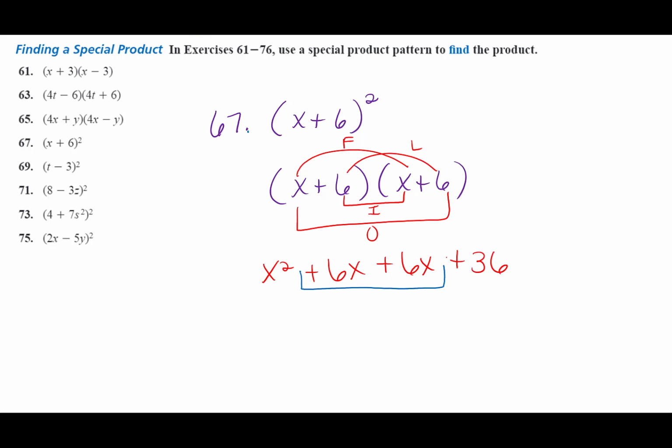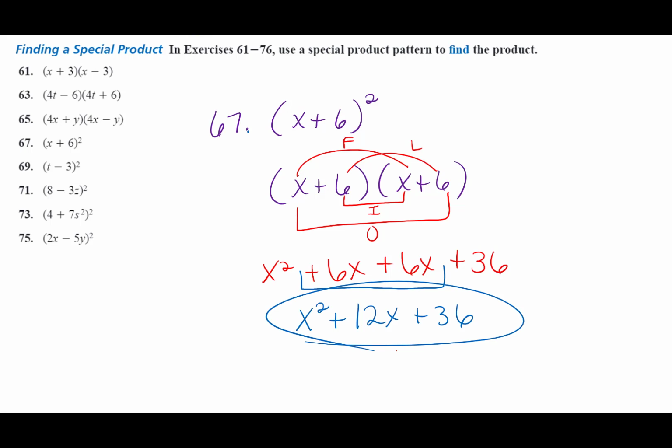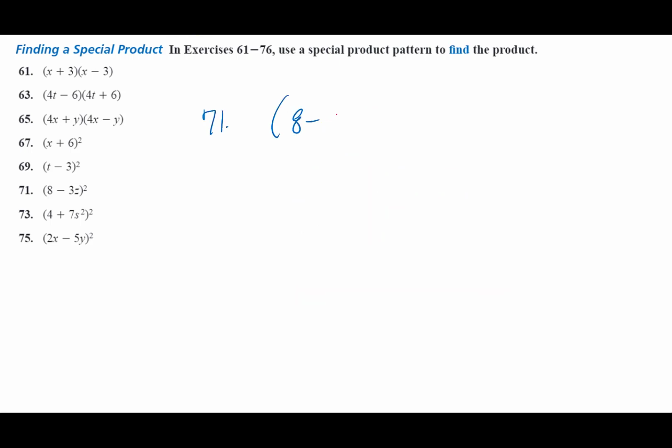They're both the same sign, positive 6x and a positive 6x, combined together to a positive 12x. We'll put the leading coefficient x squared because it has the highest exponent, plus 12x plus 36, and that is your final answer.